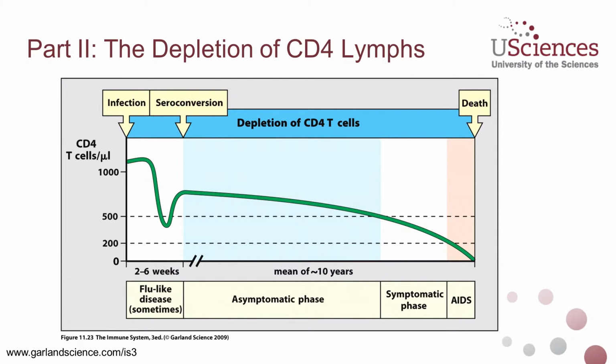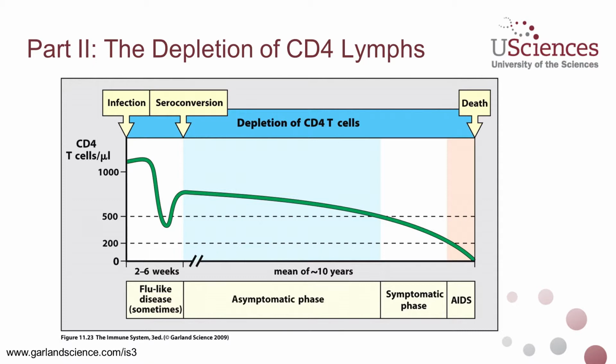However, like I said, your other immune responses start to kick in. And though they do need the help of the T helper, the CD4 lymph, they can do quite a lot simply on their own, at least for a while. And you'll see that now after the other immune responses kick in, the CD4 count starts to go back up.